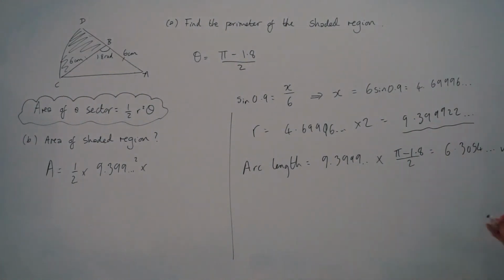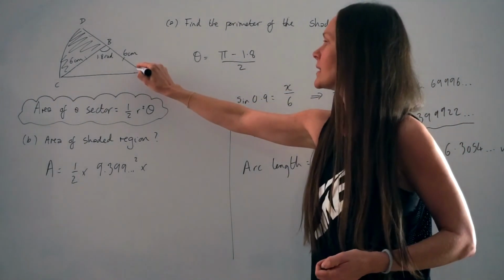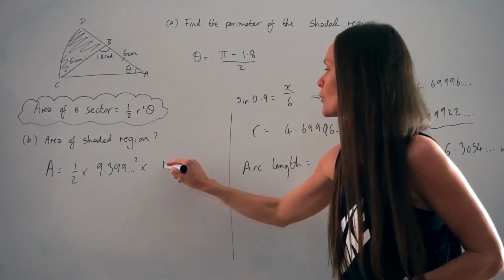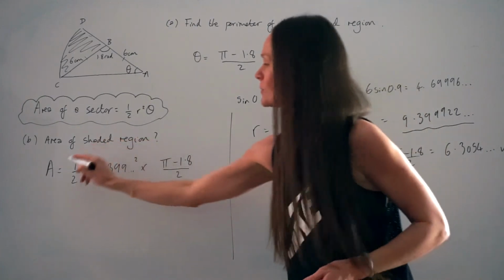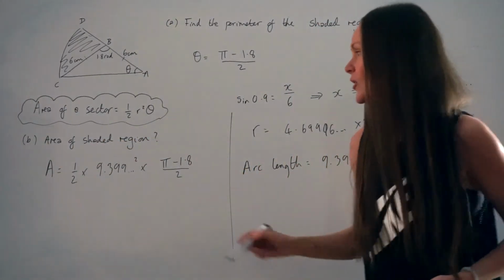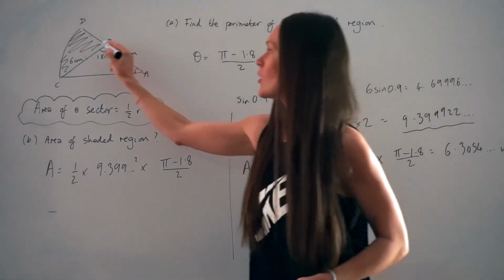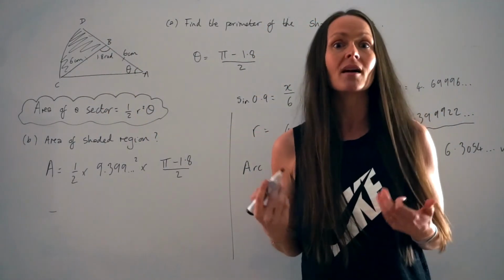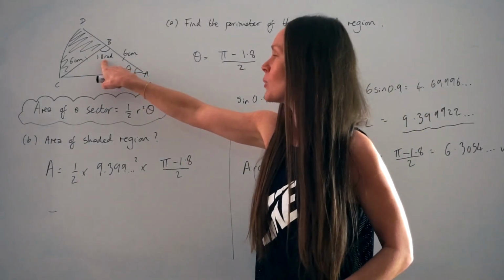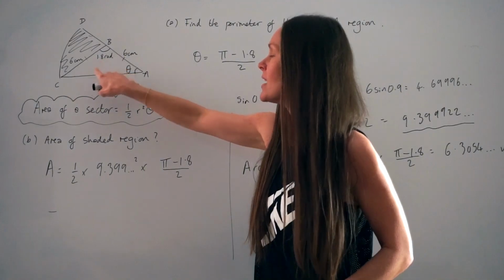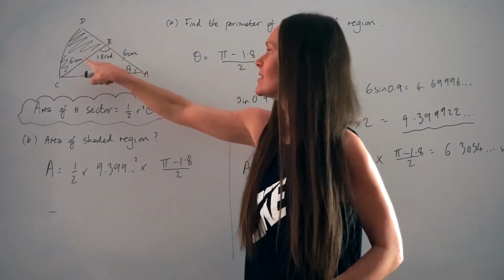And then we have to multiply by the angle of the sector. The angle of the sector, theta, we wrote down at the beginning, it was this angle here. So pi minus 1.8 over 2. Okay, so this will give you the area of the sector. Now we're going to subtract the area of the triangle here. I'm going to use the formula a half AB sine C. So C is the angle 1.8 radians, and A and B are the sides either side, 6 and 6.